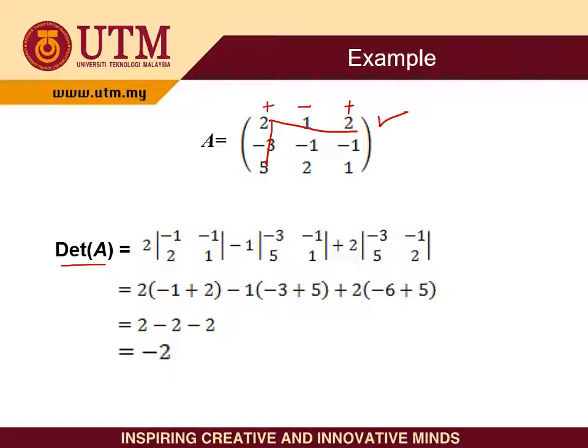Let's say for this number 2, this is the value. And then do the same for the second one and the third one. When you get this, do the calculation AD minus BC. Then you will get this value. And at the end, you will find the determinant of A. This is the first step.